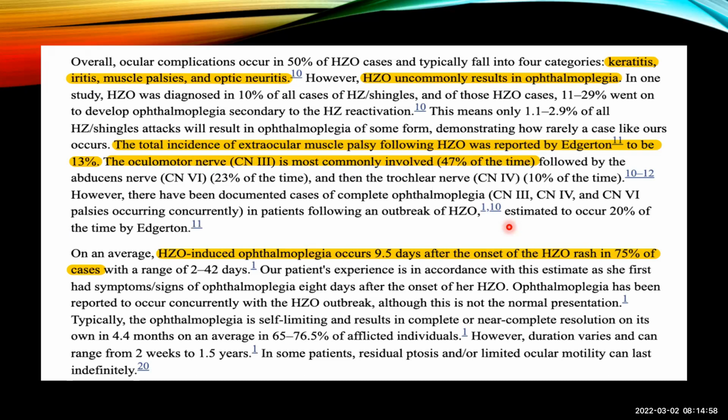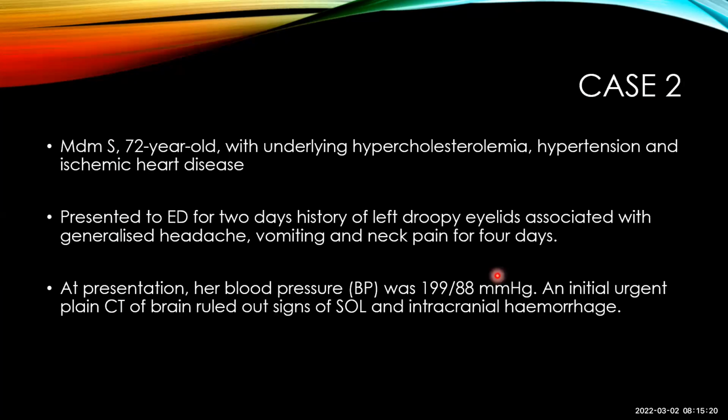The total incidence of extraocular muscle palsy is approximately 13%, and the third nerve is the most commonly involved. The onset of herpes zoster-induced ophthalmoplegia occurs 9.5 days after the onset of the HZO rash in 75% of cases.